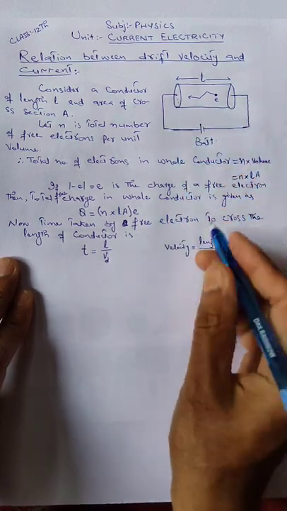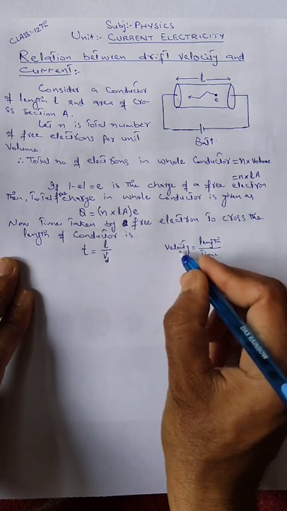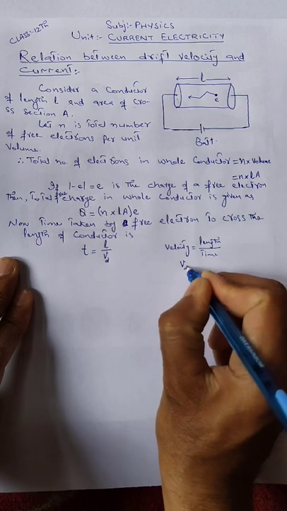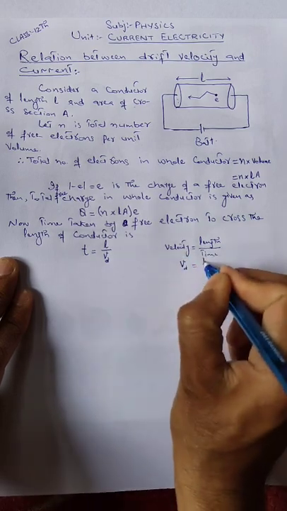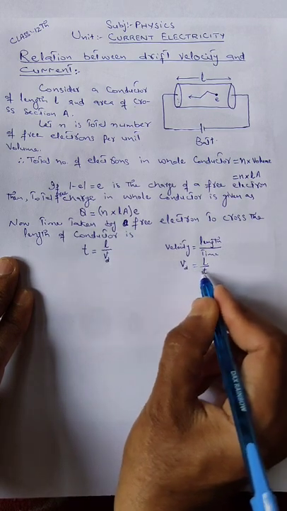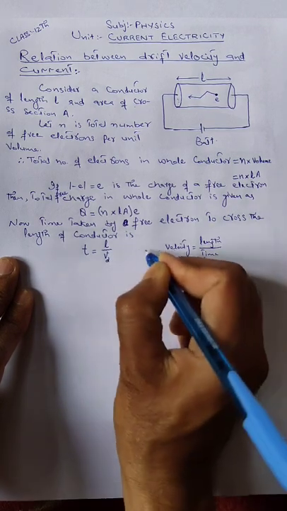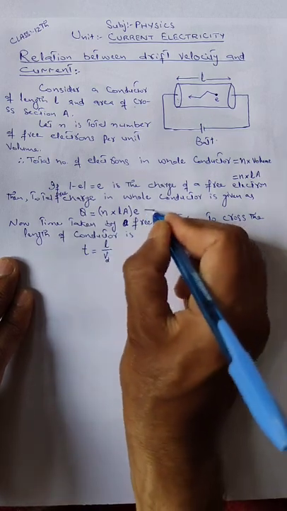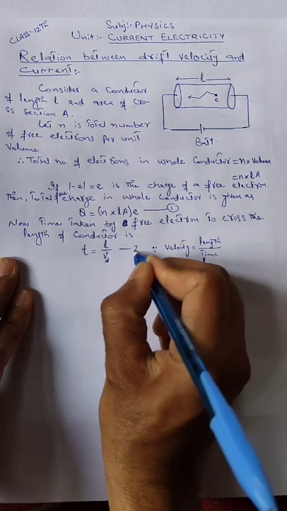So velocity, denoted by Vd, equals length L divided by time t. By cross multiplication we get this relation. Let it be equation number 1. This is equation number 2.